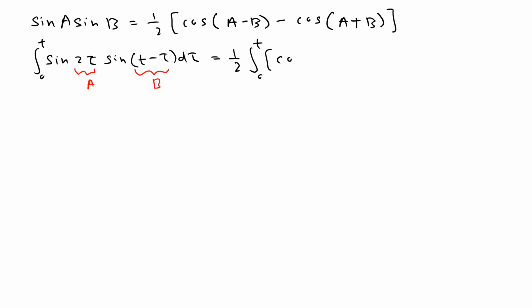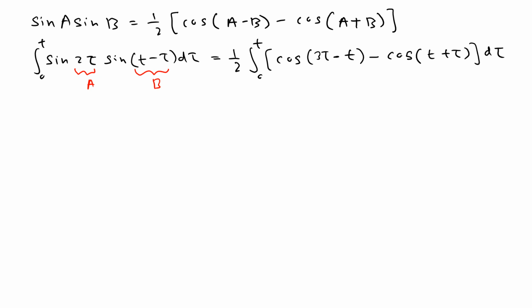For A minus B, you get 3 tau minus t, that's the first cosine, and then minus cosine from the second one. For A plus B, you add the two, one of the taus gets cancelled, and you get t plus tau.